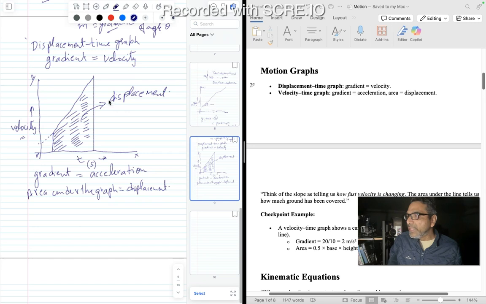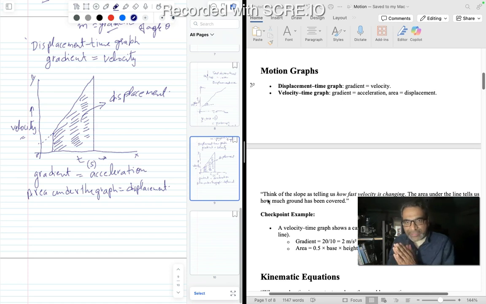so in this graph, there is also a point. Think of a slope as telling us how fast velocity is changing. Now there are two things. One, the car or any component or any system is moving, right? Then we have to record how fast or slow it's getting over the time.